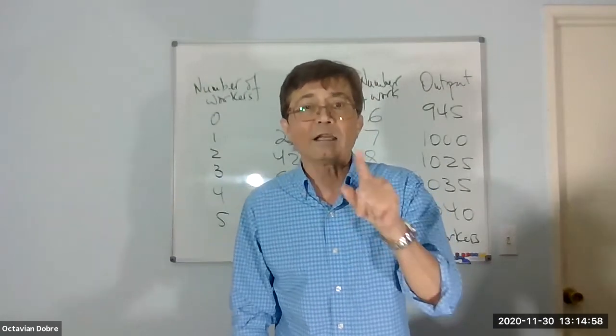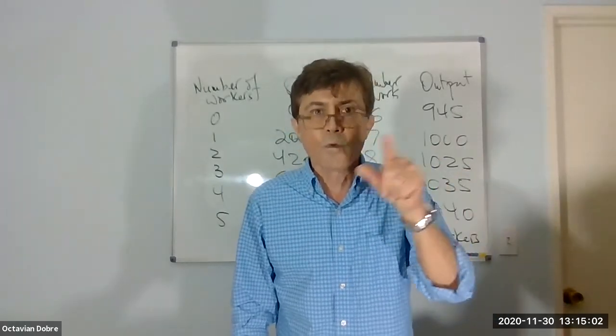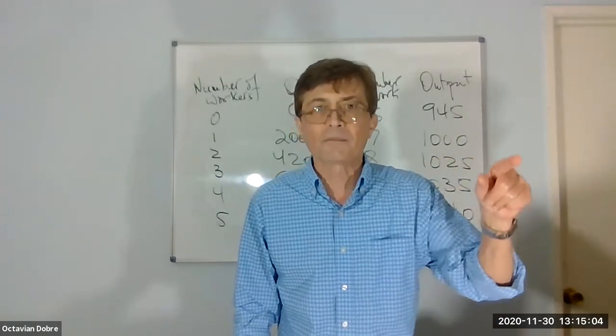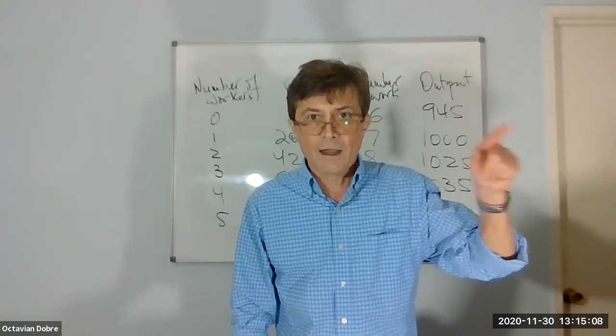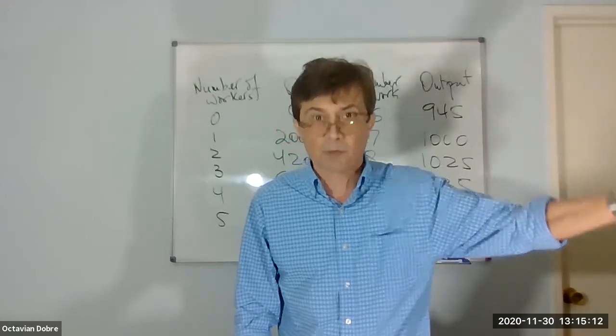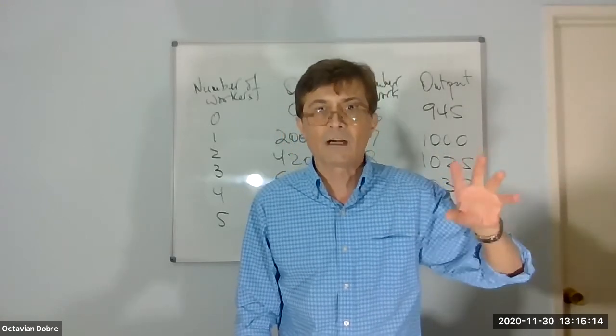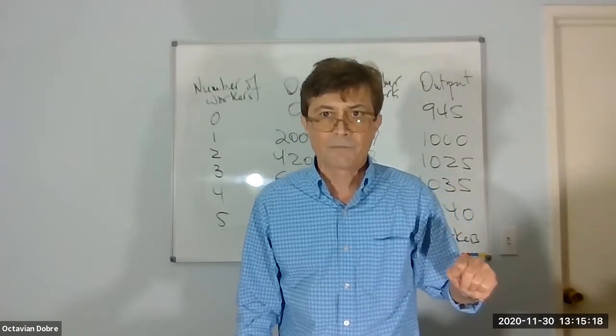But we don't want the contribution in terms of units. We need the contribution in terms of dollars. And we know that the contribution in terms of units times the price of a unit is going to represent the contribution in terms of dollars.